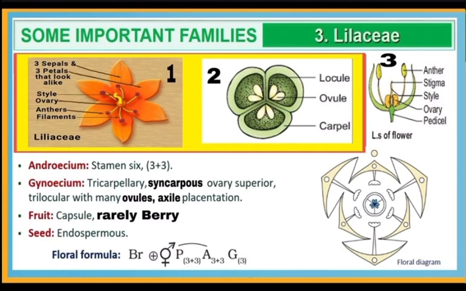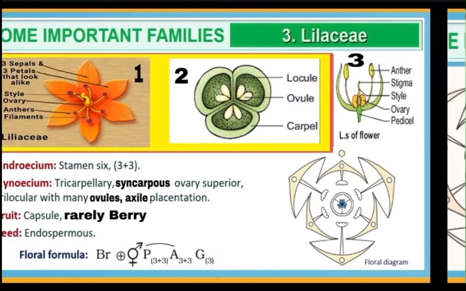Gynoecium or pistil is tricarpellary, syncarpous and has a superior ovary. See diagrams 2 and 3. Ovary is trilocular with many ovules and placentation is axile. Fruit is a capsule and rarely berry type. Seeds are endospermous.